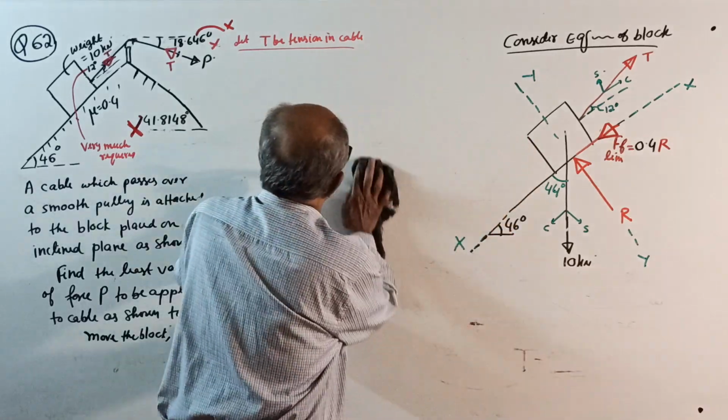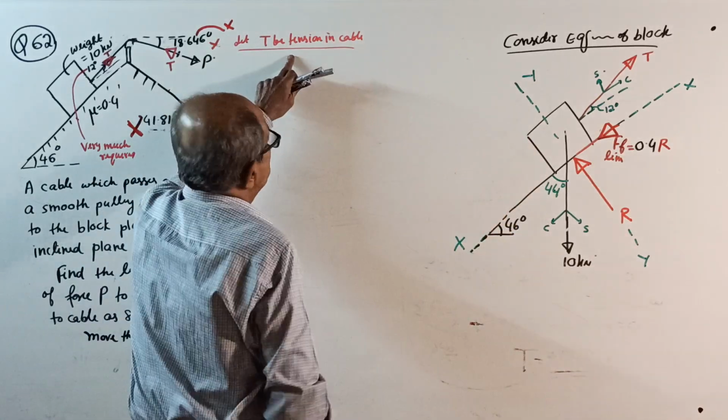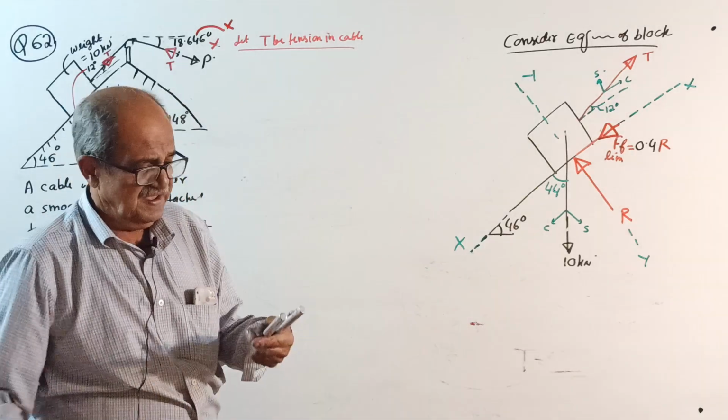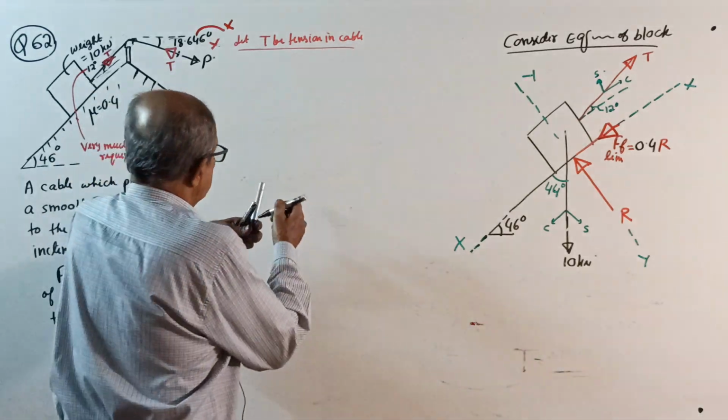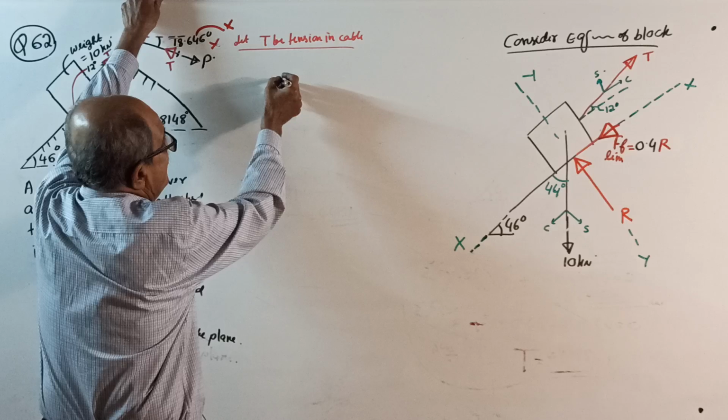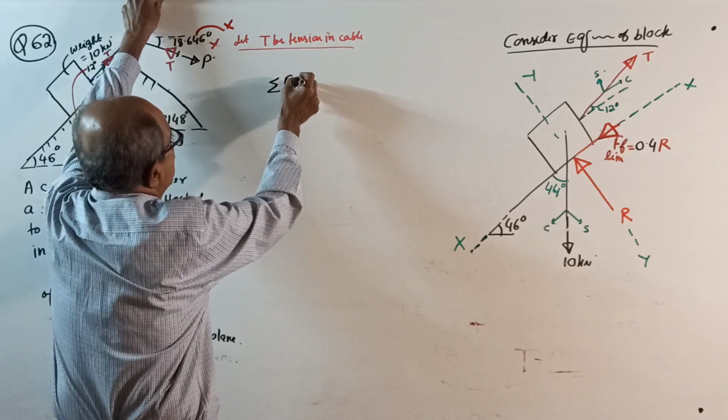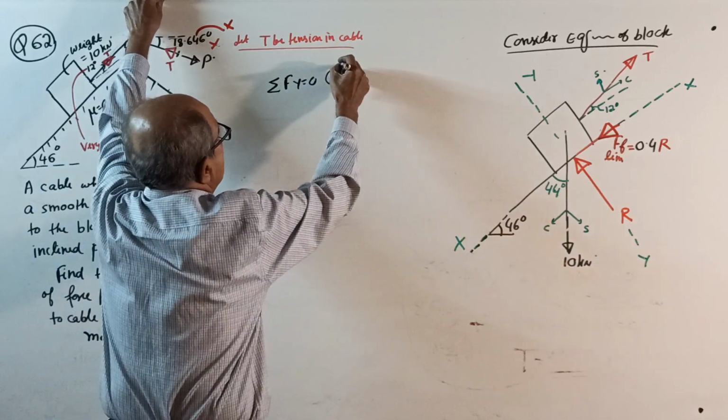Okay, now I will write here. As usual, let T be the tension in the cable. Start: sigma Fy equals 0. Take upward positive.